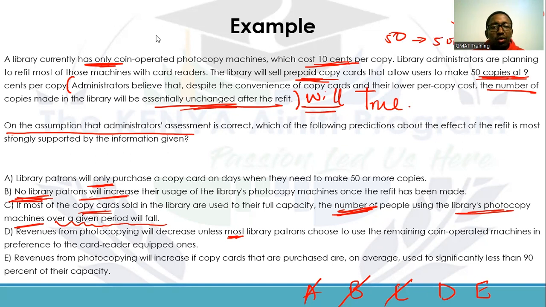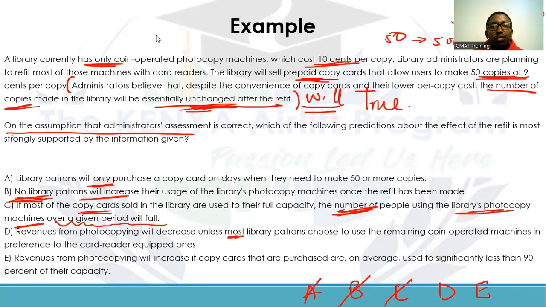Now that these new copy cards are being introduced, at least some of the patrons will be using these machines and photocopying at this rate. So remember, we know that the number of copies will reduce.